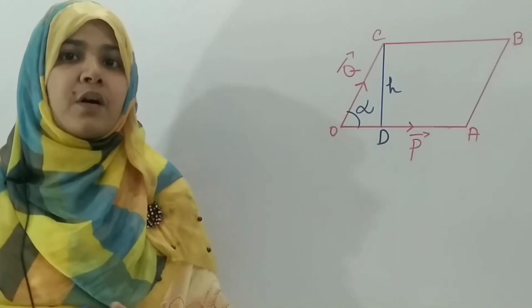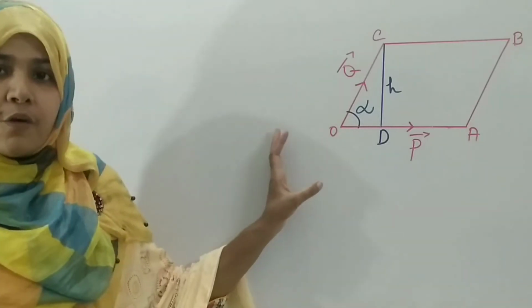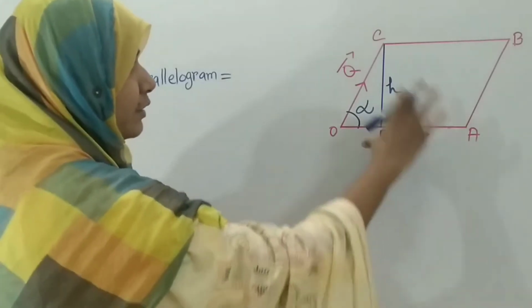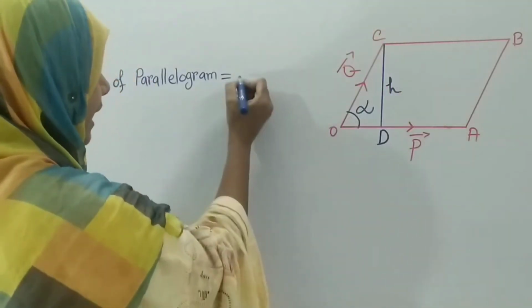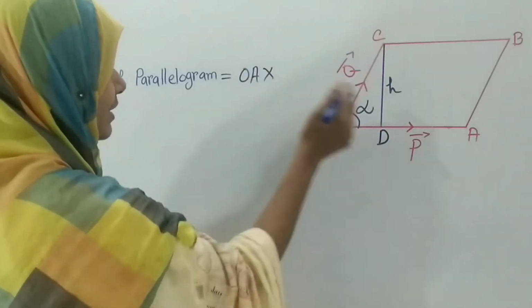From the cross product we can also identify the area of a parallelogram. The area of a parallelogram is length into height. That means we can write OA into height, which means CD.